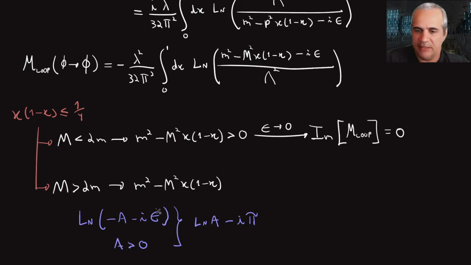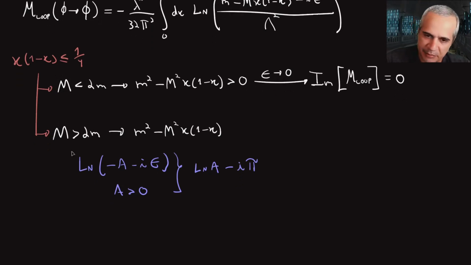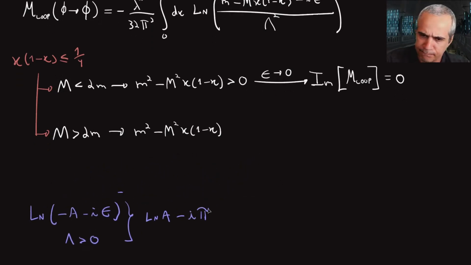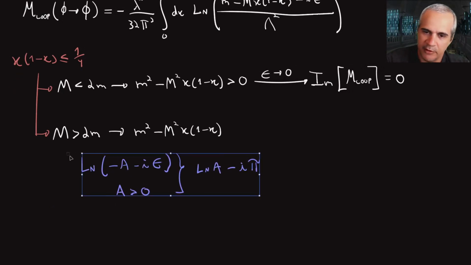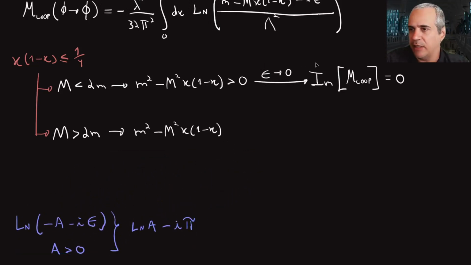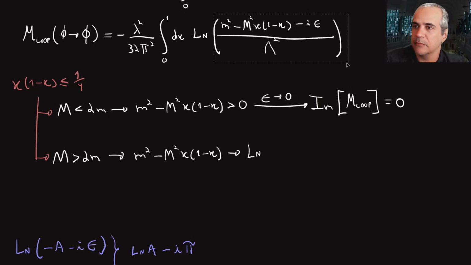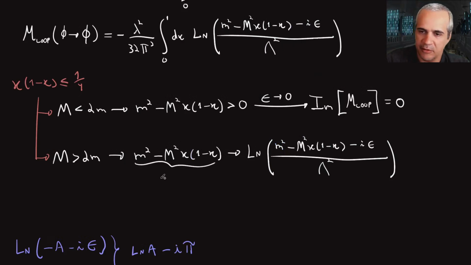So let's use that. That means that in this second region here, let me get some space to write. Oops, what did I lose here? Oh, the A. Okay, let me move this over there. And I can write this logarithm here, just have to call minus this part here A. We'll call this minus A, and use that expression.